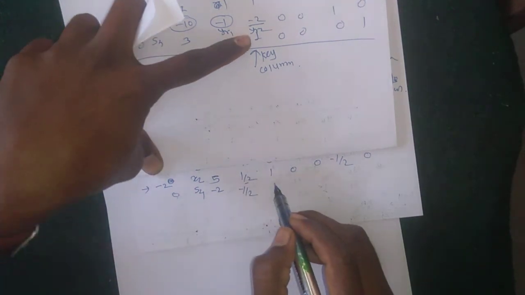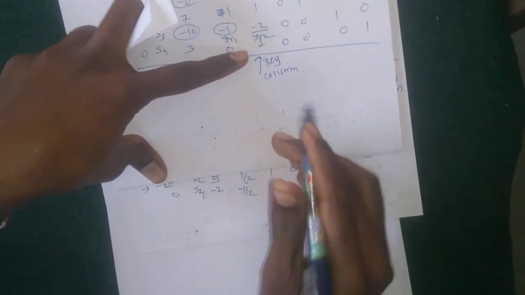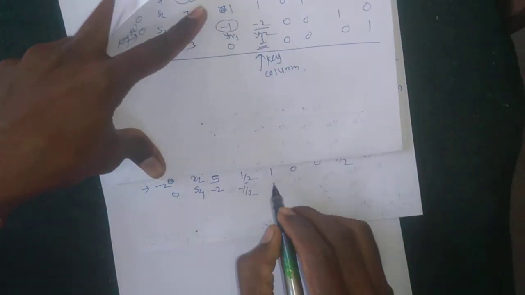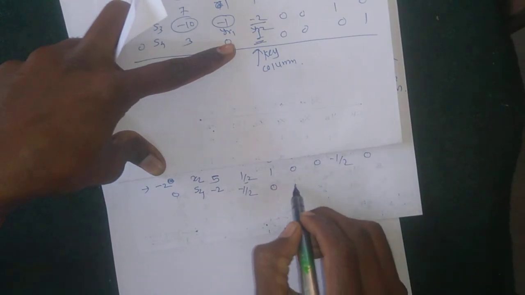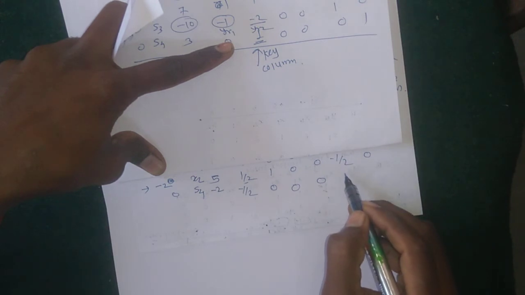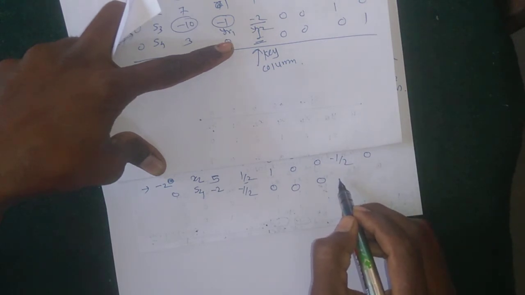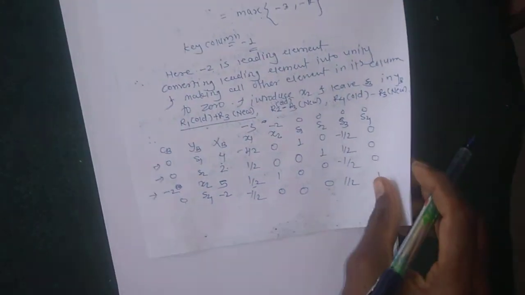Then x2 column is 1, 1 minus 1 is 0. Then 0 minus 0 is 0. Then here 0 minus of minus 1 by 2 is 1 by 2, then 1, in this way. Okay, so this is our table.